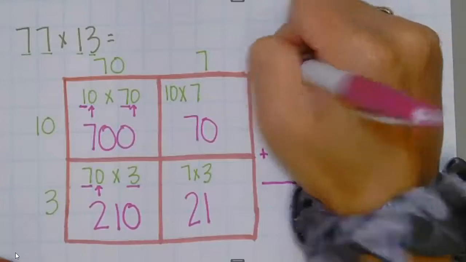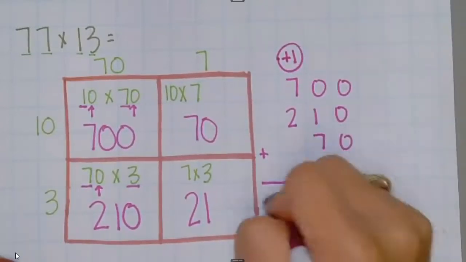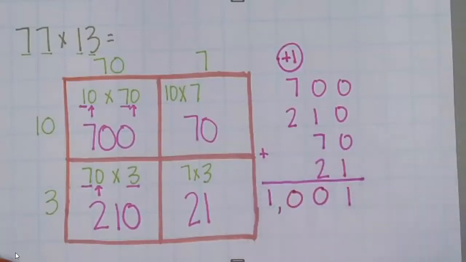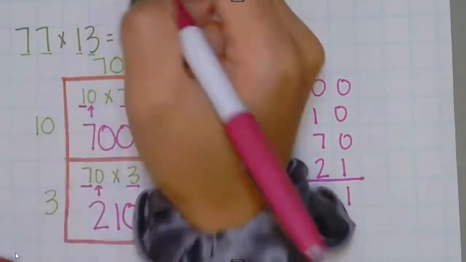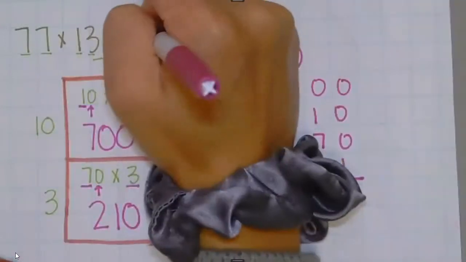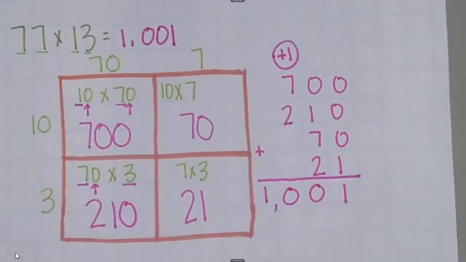So I need to regroup my 1, drop my 0, and then 1, 7, 2, that's 10 again. So my product for 77 times 13 is 1001.